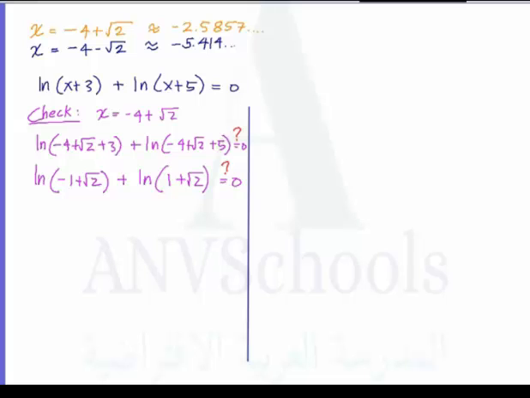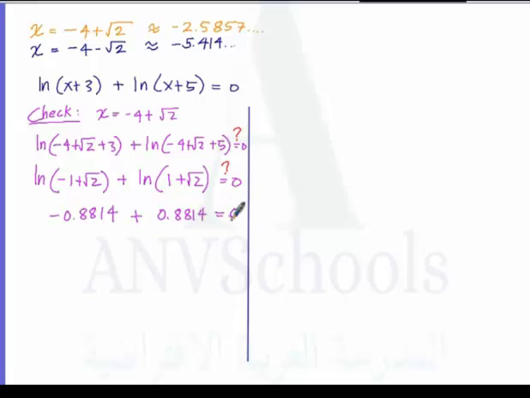The value for ln of negative 1 plus square root of 2 would be negative 0.8814, rounded off to the nearest 10,000, while ln of 1 plus square root of 2 would be 0.8814, rounded off to the nearest 10,000.